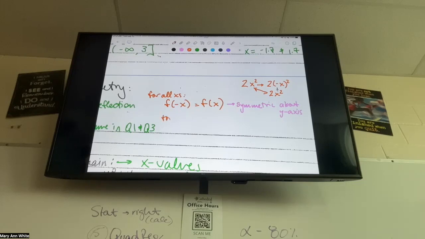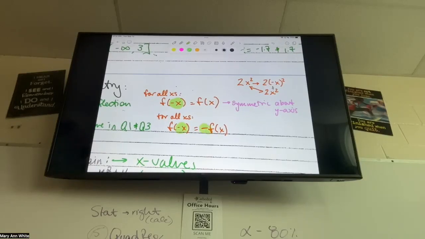And this time for all of my x's, when I do f of negative x, it's not the exact same as f of x. It's going to be the negative version of f of x. Okay, let's look at a graph for that. When I plug in negative x for my even, it just stays the same. When I plug in negative x in for my odd, the whole function goes negative.